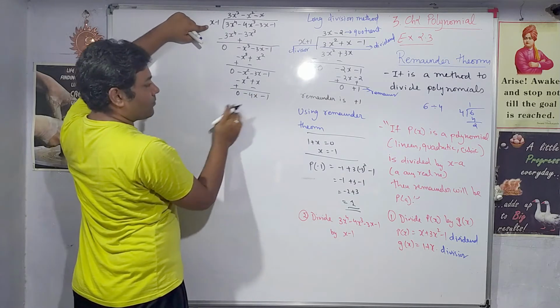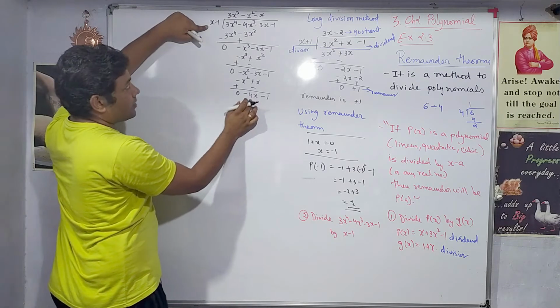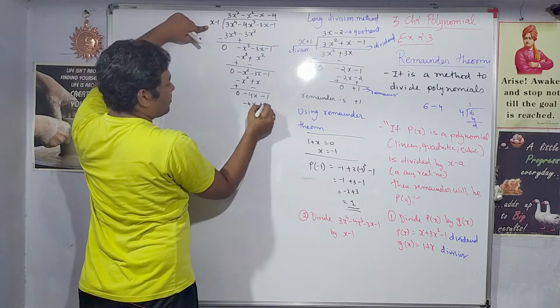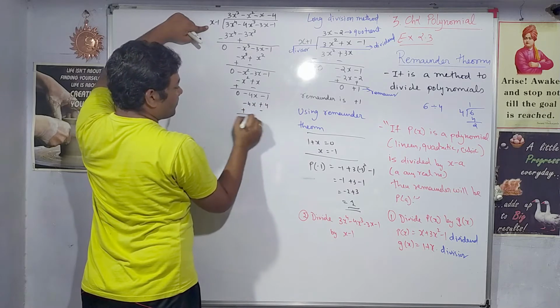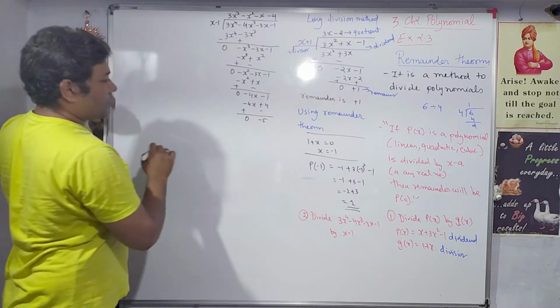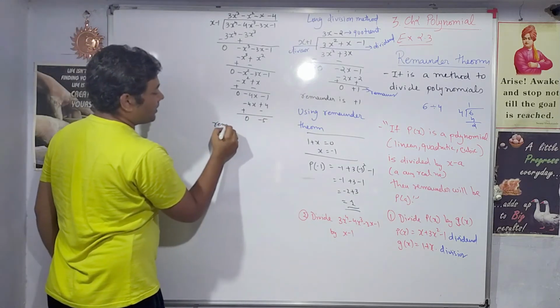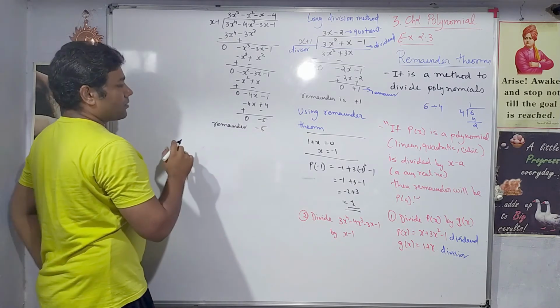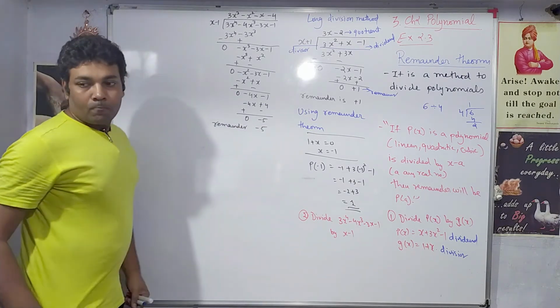Now with x, what will you multiply to get minus 4x? I will multiply minus 4. So minus 4x plus 4. Sign changing. So this will become 0. This will give me minus 5. So what is the remainder? Remainder is minus 5, right?